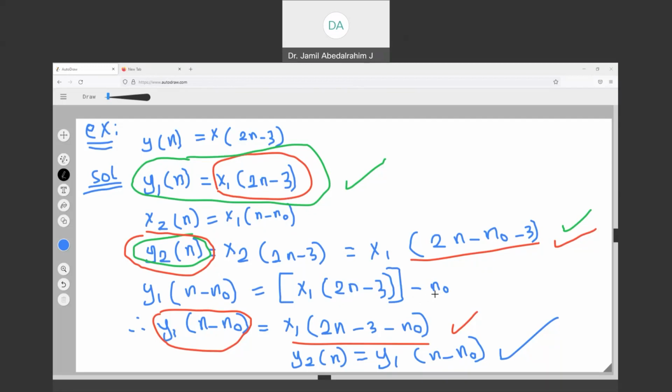We then compare whether y2 of n is equal to y1 of n minus n naught after shifting. If yes, then it is time invariant.